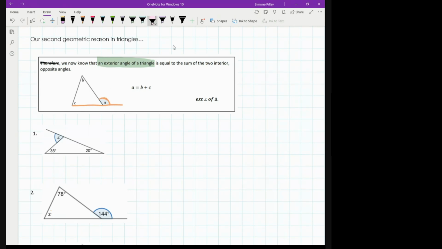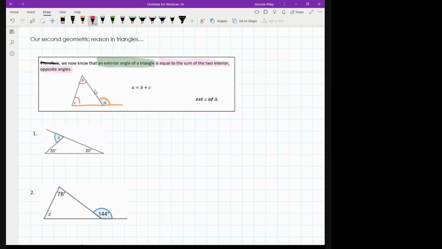And the rule says that the exterior angle is equal to the sum of the two interior but opposite angles. So, in other words, it must be the two angles inside my triangle, but opposite. So, you can't use this angle here because this angle is actually next to it. So, not really opposite.